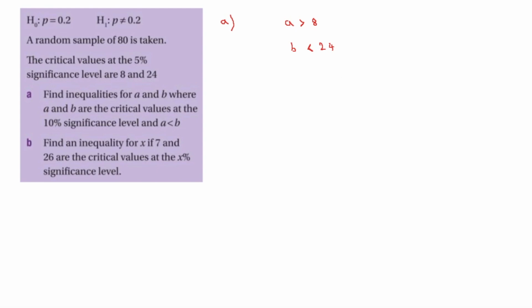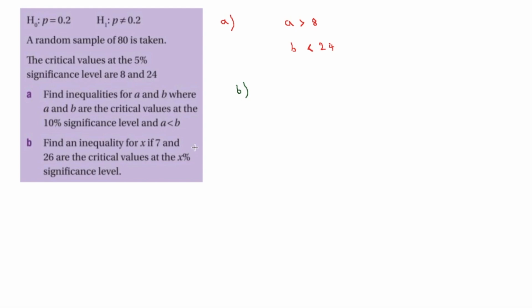In B, it says find an inequality for x if 7 and 26 are the critical values at the x% significance level. So for this example, it's now less likely to incorrectly reject H0, as it is harder now to get the critical value.